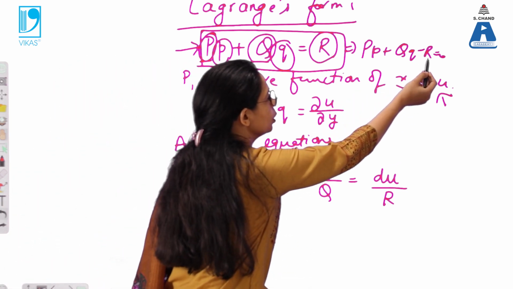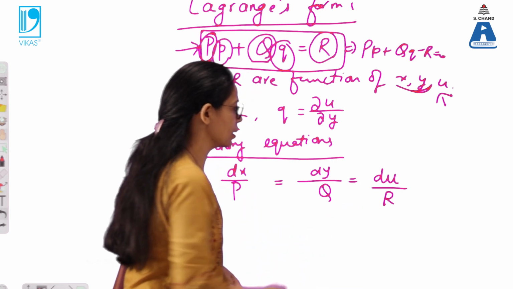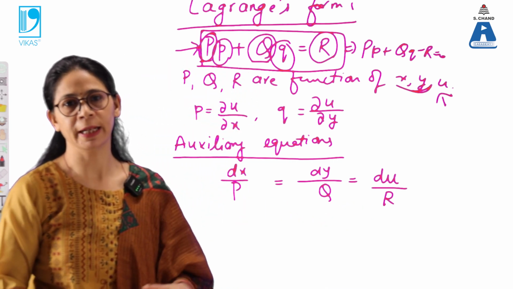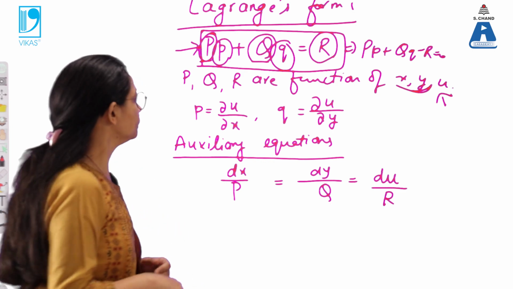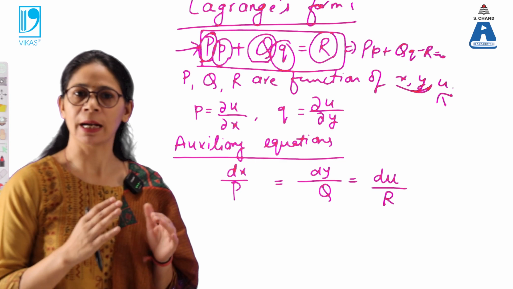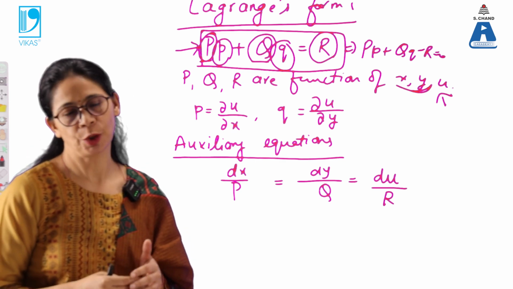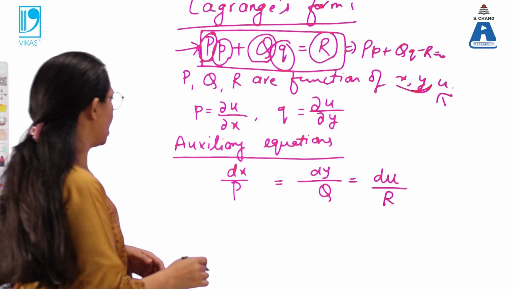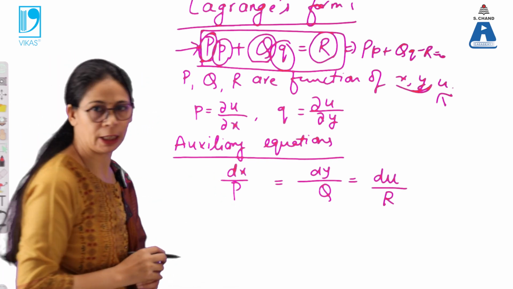If we write this minus R as the denominator of du, that will create trouble with the minus sign. So the first thing to be clear about is that the differential equation should be written strictly in the form Pp plus Qq is equal to R, and then we form the auxiliary equations.